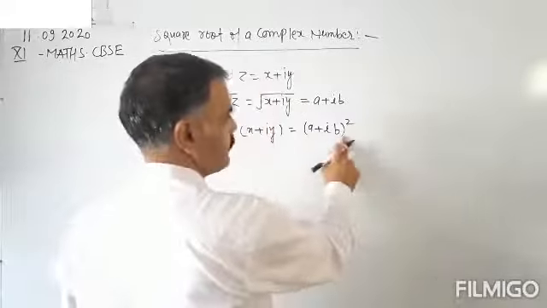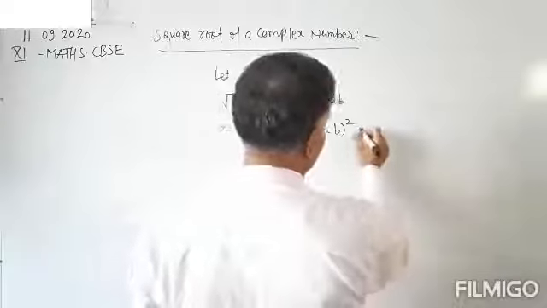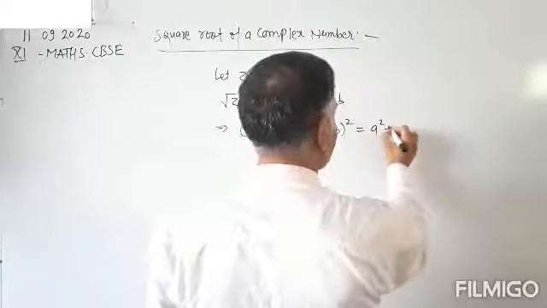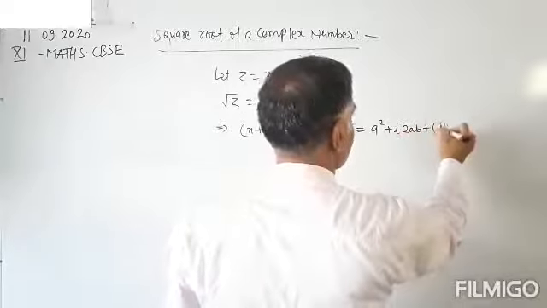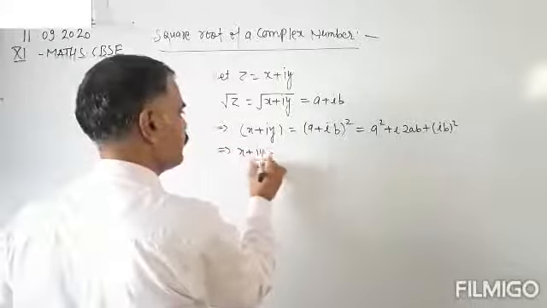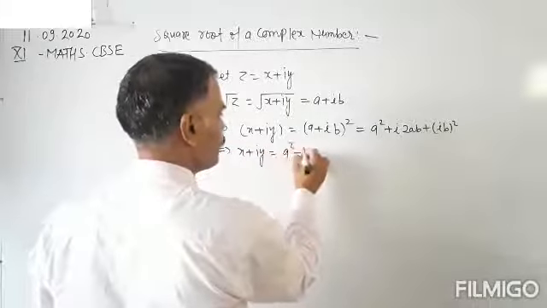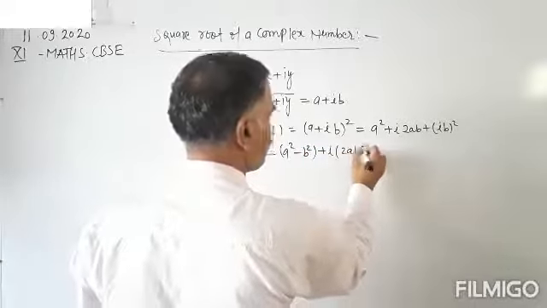After expanding using the a plus b whole square identity, we have a square plus iota 2ab plus iota square b square, or x plus iota y is equal to a square minus b square plus iota 2ab.